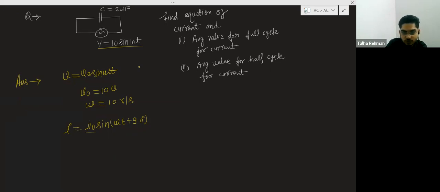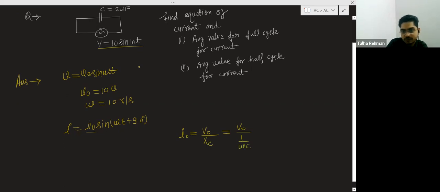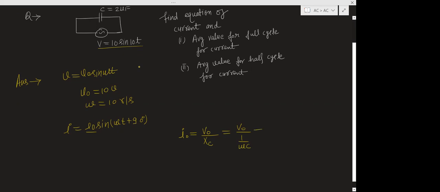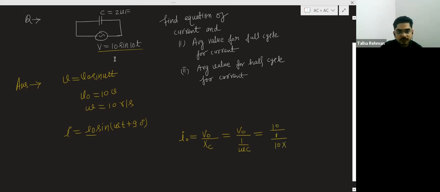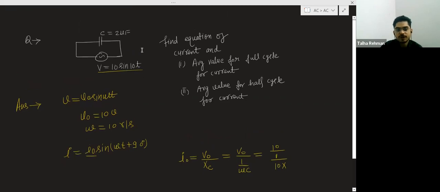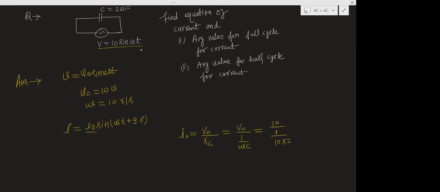So we can write the equation of the current. For that, we should know what is I naught. So I naught can be calculated by V naught by Xc. What will be Xc? 1 by omega C. So what is your V naught? V naught is equal to 10, 1 by omega is your 10, and C is 2 into 10 to the power minus 6.